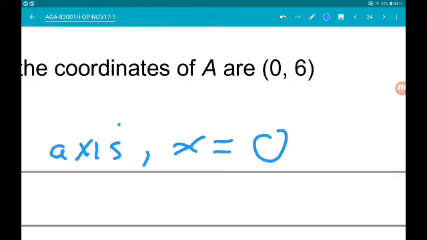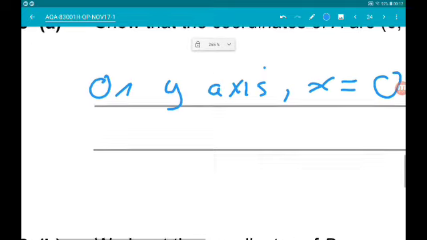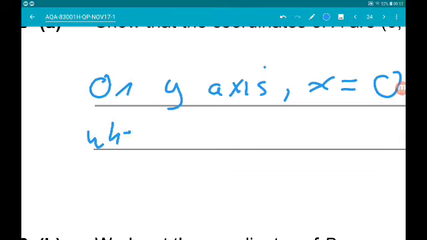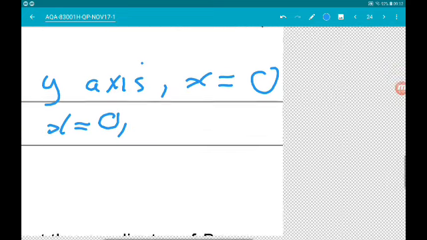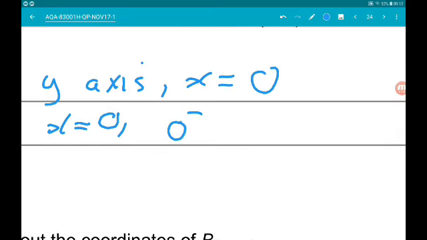Now we know that A lies on the circle, so we substitute x equals 0 into x squared plus y squared is 36. So when x is 0, we get 0 squared plus y squared is 36.